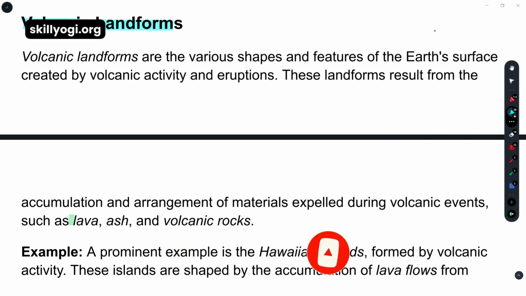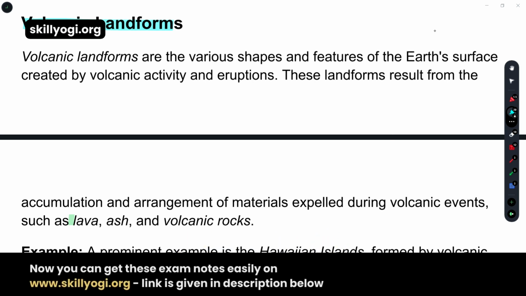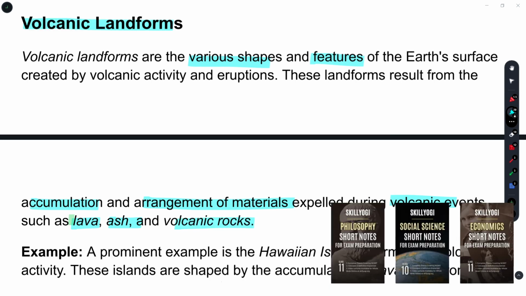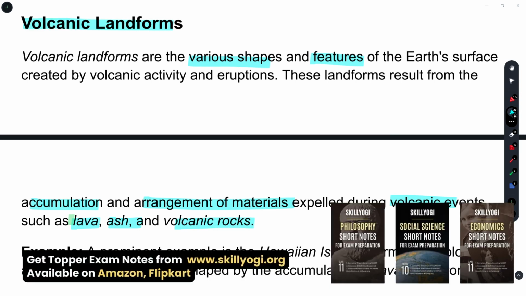These landforms will obviously be in various shapes, and their features will be different from each other. These landforms result from the accumulation and arrangement of materials during volcanic events, like lava, ash, volcanic rocks. Sometimes it also goes through pyroclastic lava.